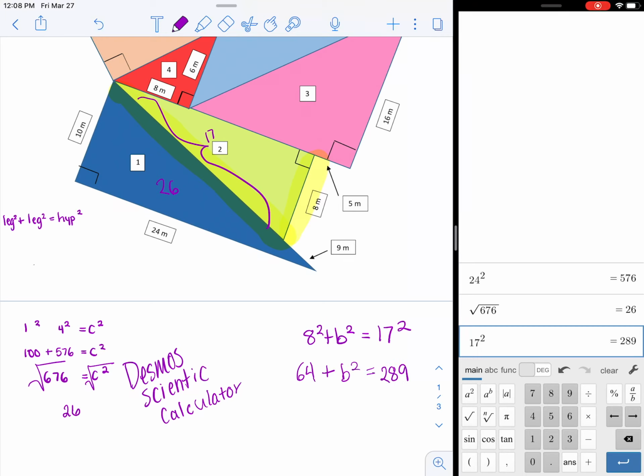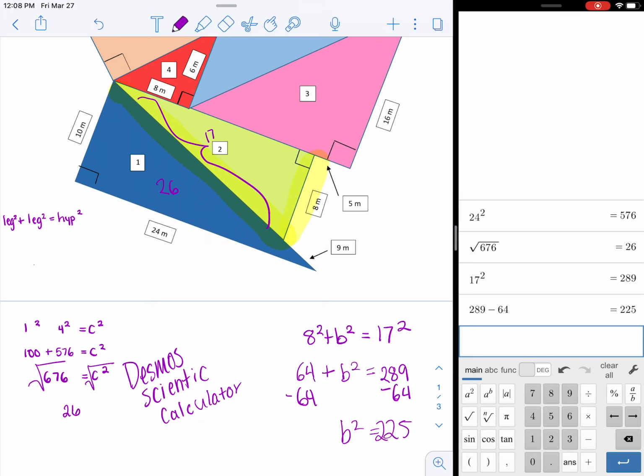So if we want to solve for b squared, again, we're going to have to subtract. 289 minus 64. And we get b squared equals 225. Now, again, we don't want to know what the leg is squared.